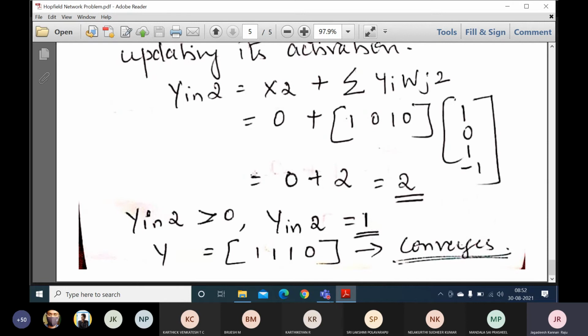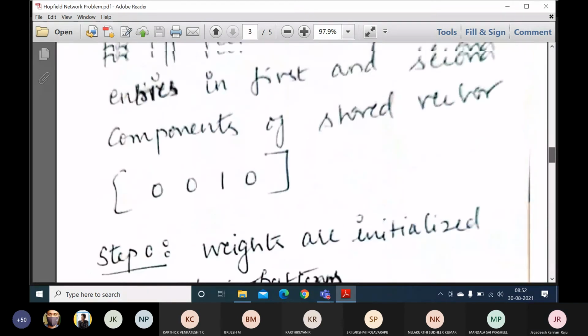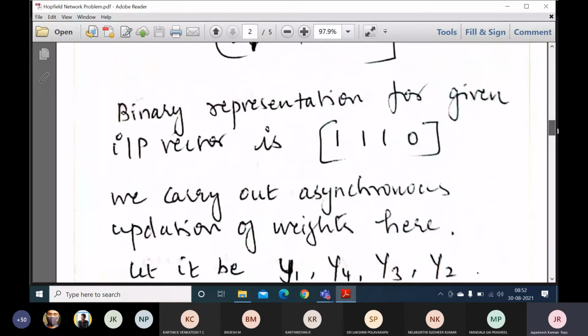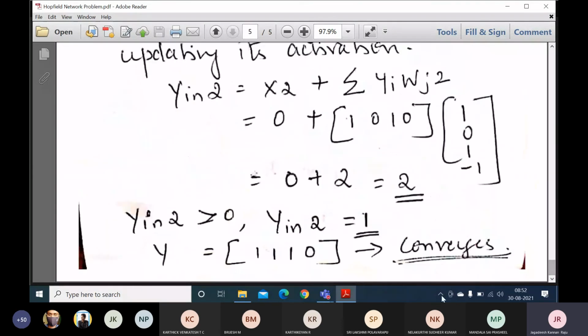So now the y value has converged. What is my input? The binary vector representation is 1, 1, 1 and 0, and the output I am getting is the same, 1, 1, 1 and 0. So I am saying that the network converges. Is this clear?